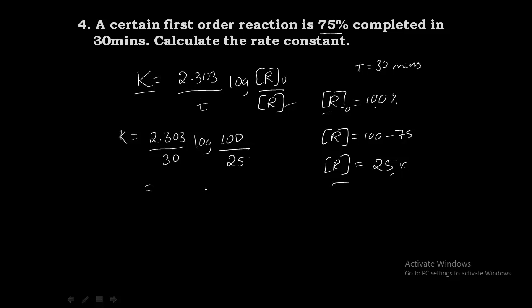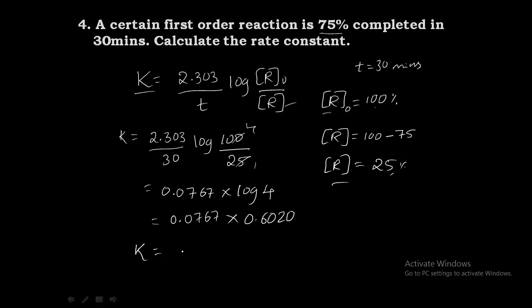So 2.303 divided by 30 will give 0.0767 into log 25 ones are 25 fours are 100. So log 4. So 0.0767 into log 4 means 0.6020.